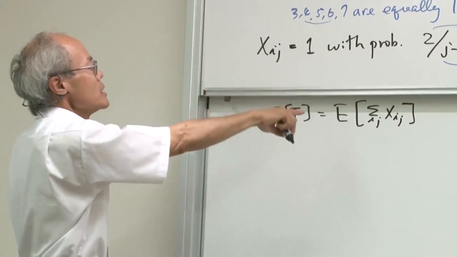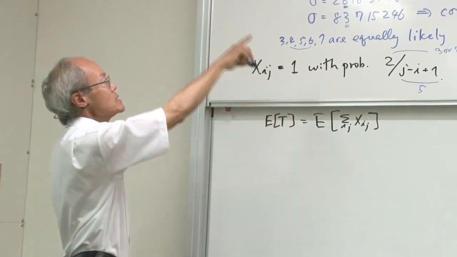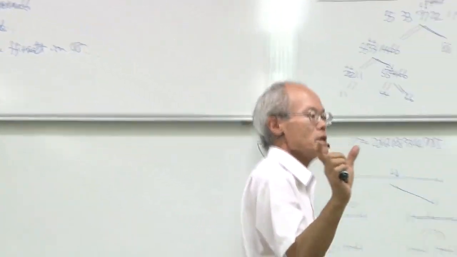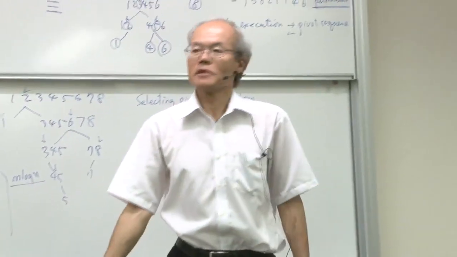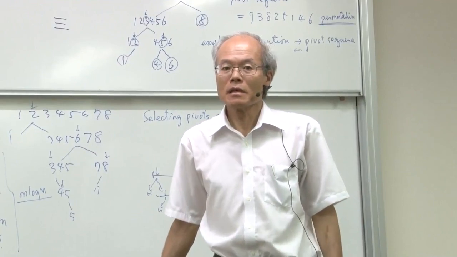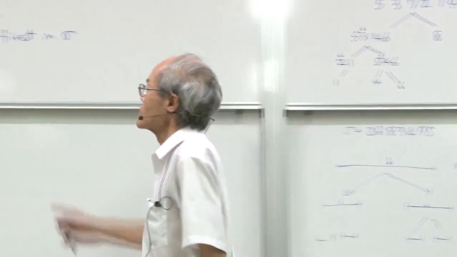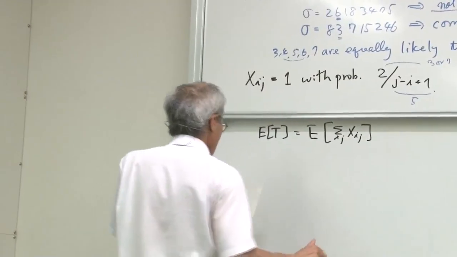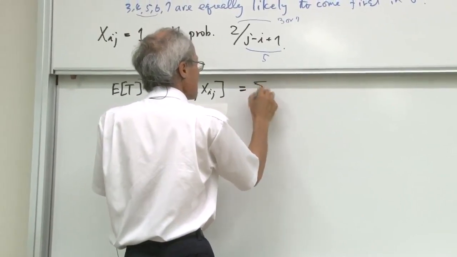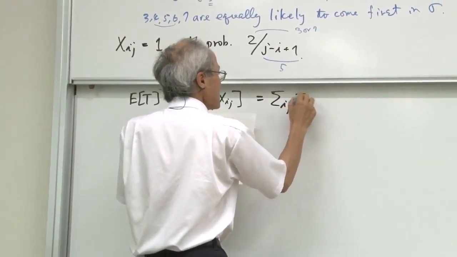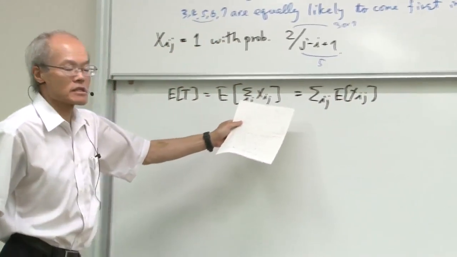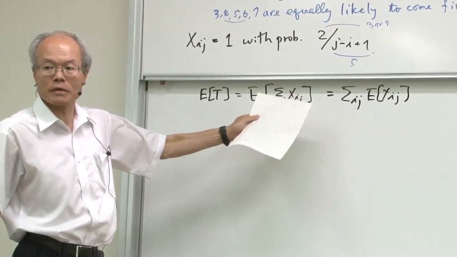Xij is a random variable indicating whether i and j are compared or not. So we sum up all those variables, then we can get the total number of comparisons. Again, we use the linearity of expectation. Again, this always comes in.